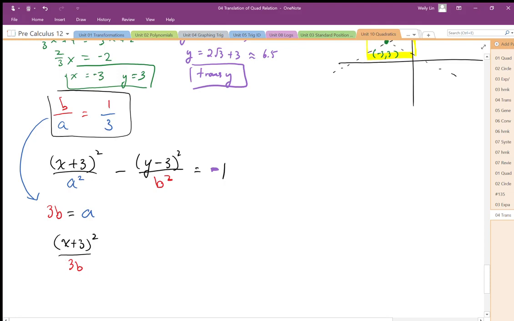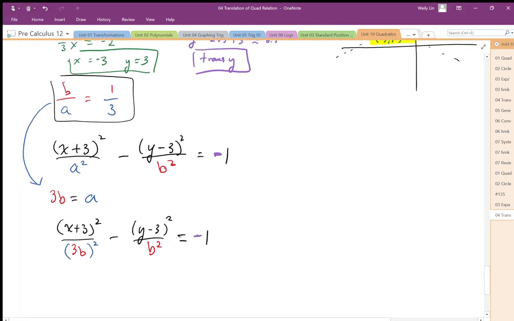I'm just going to put the outside brackets as blue to show that that was actually the a squared that I'm using, minus y minus 3 squared over b squared equals negative 1. And again, that negative is because it's trans y, which we established before.